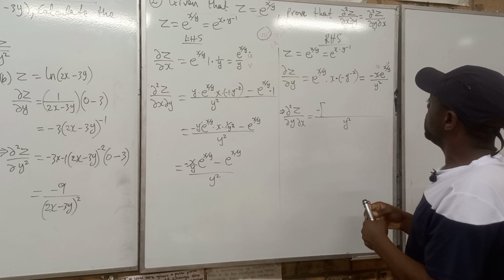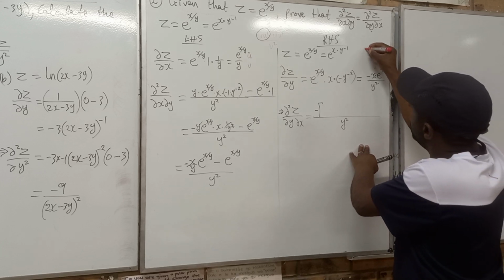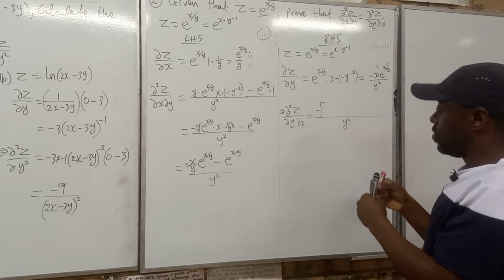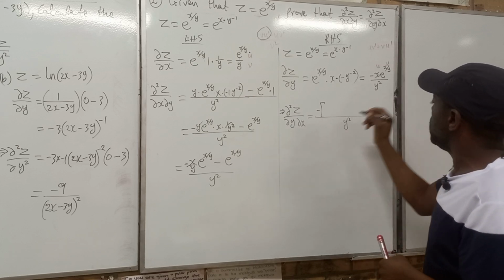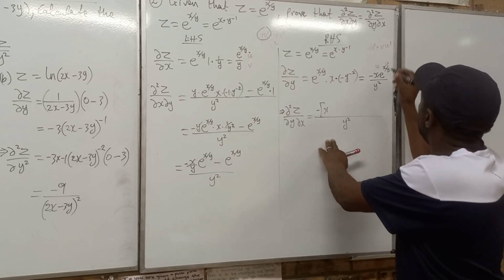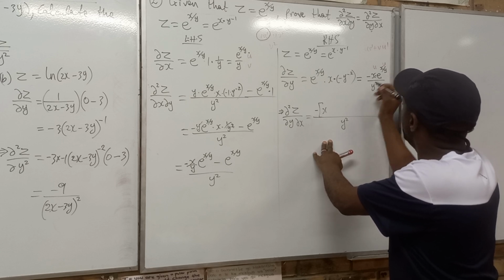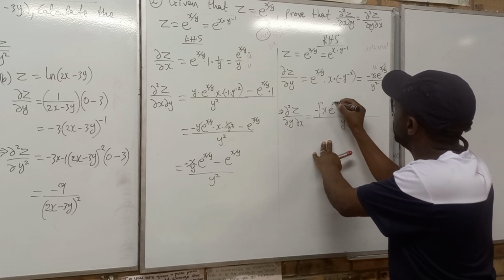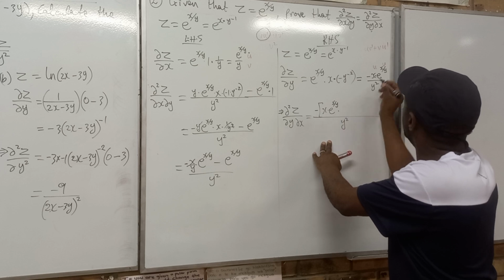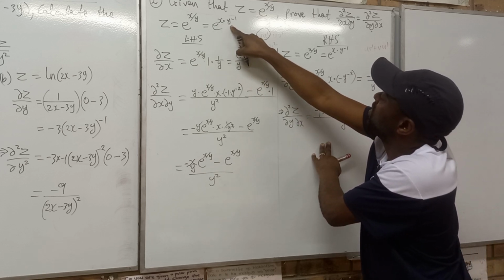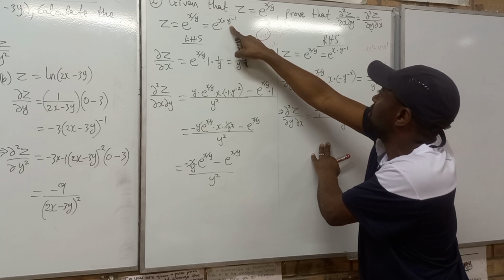If I'm to differentiate that using my product rule, I will need u v prime plus v u prime. So I have to go through that. My u is an x, v prime means I'm differentiating e. It will stay as e to the power x over y, but don't forget to go to the exponent, which is the same exponent there. Now you search only for x to differentiate.